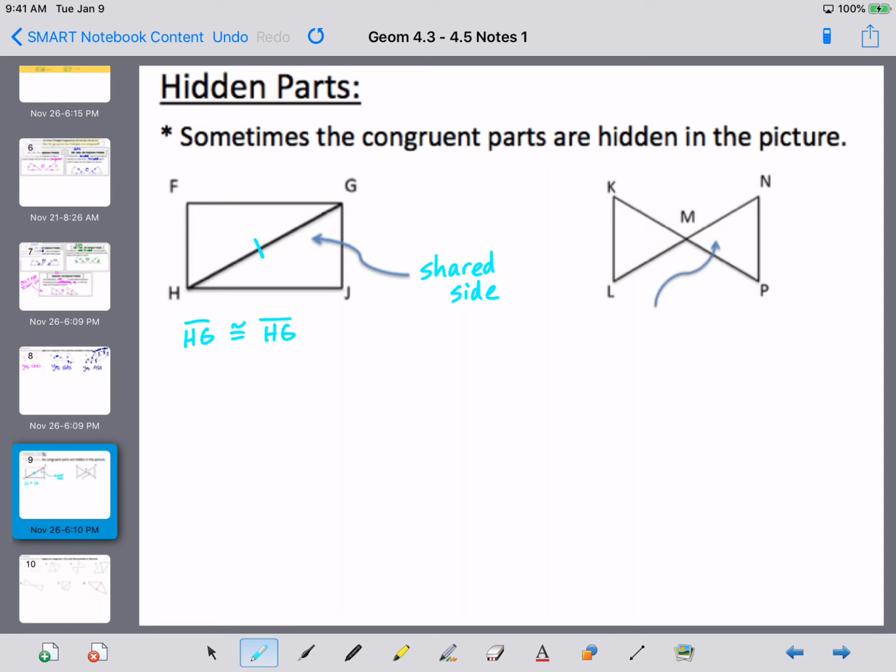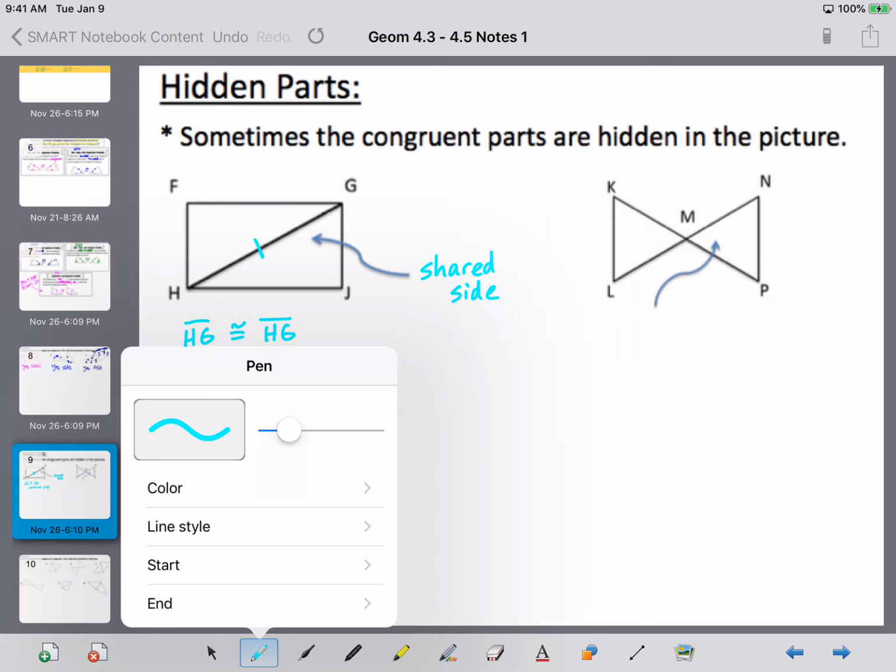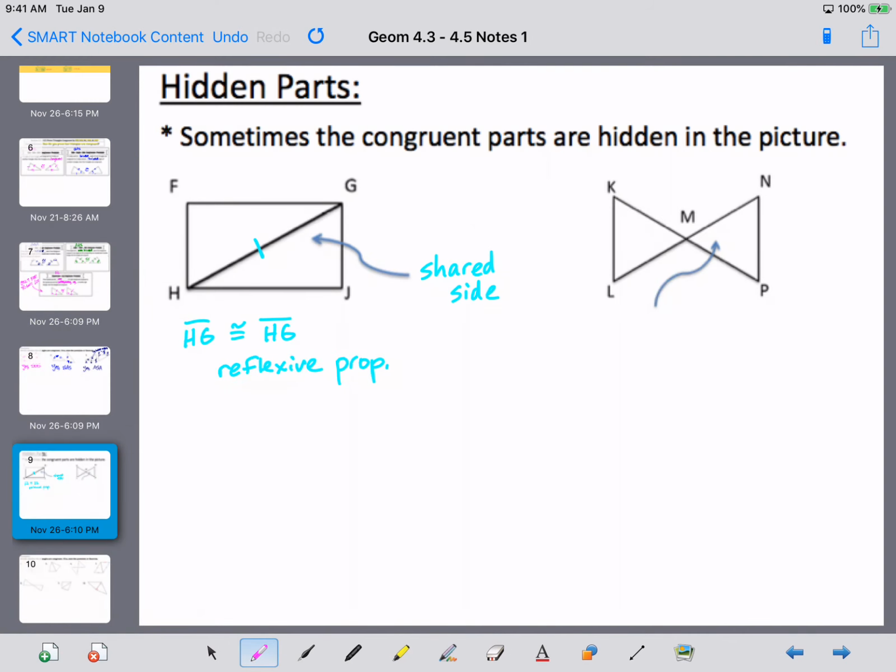If you remember, that's the reflexive property. So the reflexive property helps us out here. Sometimes we have shared sides that are congruent to themselves. All right. And also, you might run into vertical angles.